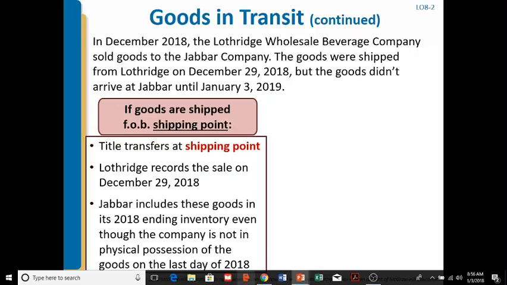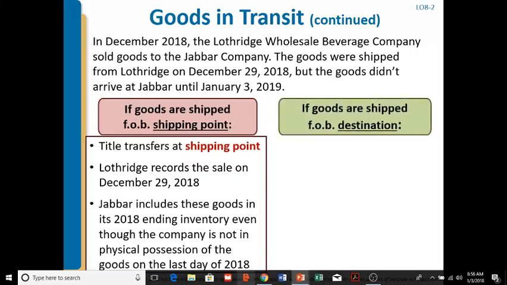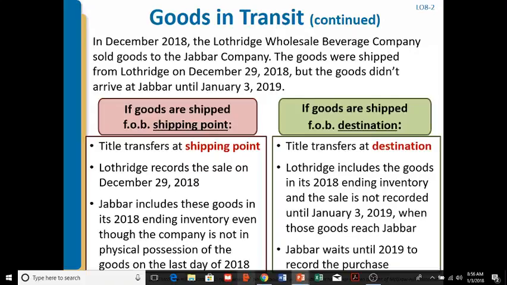Lothridge records the sale on 29th. Jabbar includes those goods in their ending inventory, though they don't have them in their physical possession. If FOB destination, then Lothridge continues to hold them as their inventory, report them as their inventory, and the sale is not recorded until January 3rd, when these goods reach Jabbar.